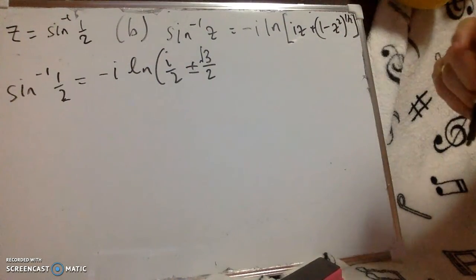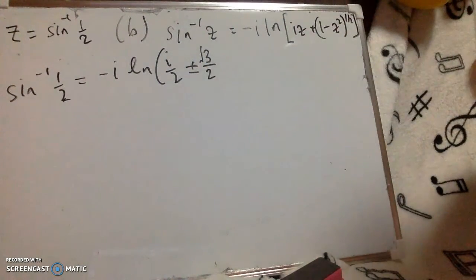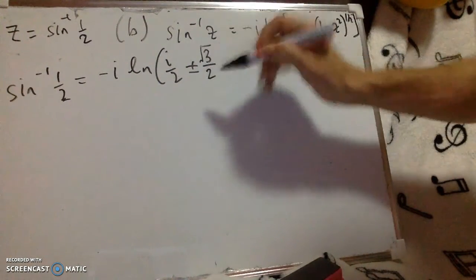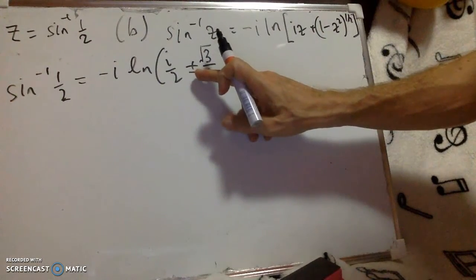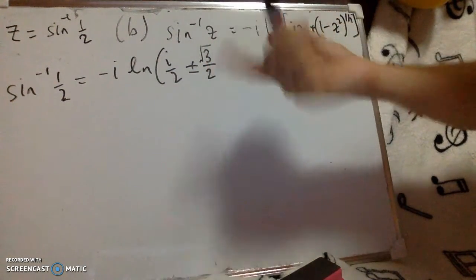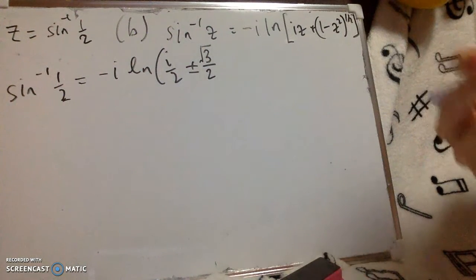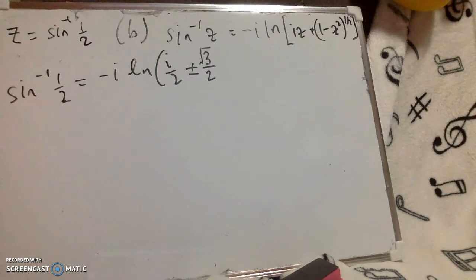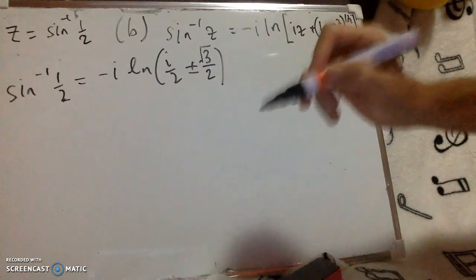So don't forget the minus here. If you didn't put the minus here, you only get one set of solutions, and then you should realize from part A that you're missing something. So that's what you want the log of.